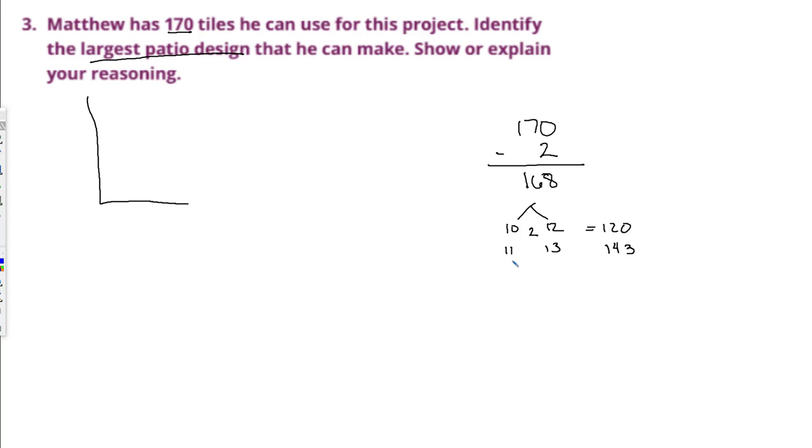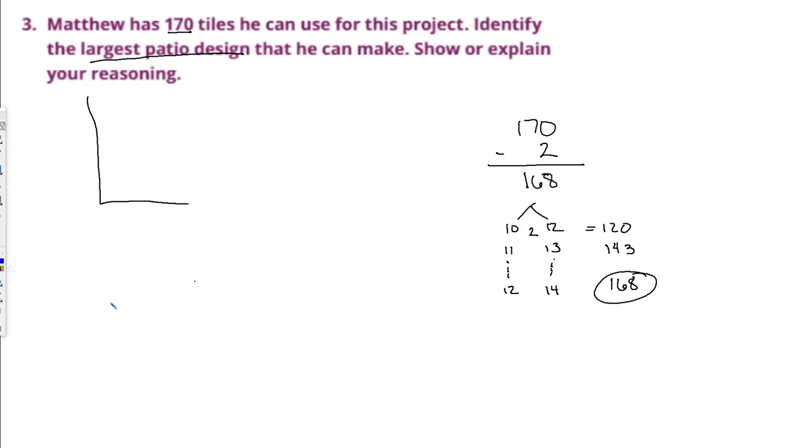And so I keep getting closer, and if you keep following that pattern, you will get there. So if we keep this pattern going, at 12, we'll be multiplying it times 14. And 12 times 14 is 168.